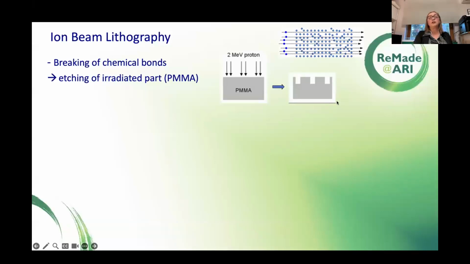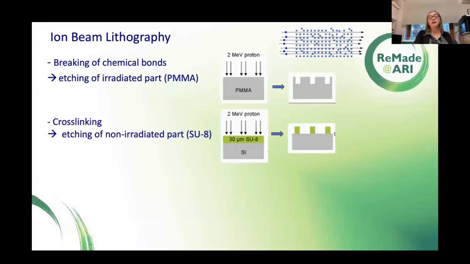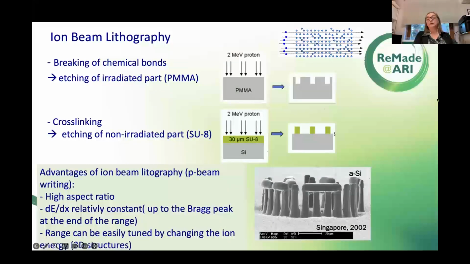You have also, these are positive, and you have also negative resist, let's say, SU-8. When you irradiate this material with 2 MeV protons, you can etch those parts which are not irradiated. So again, you can get some template where you can grow some structures or produce some devices on material.